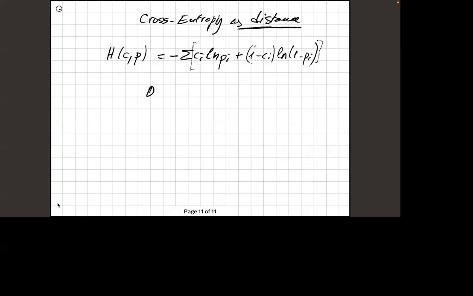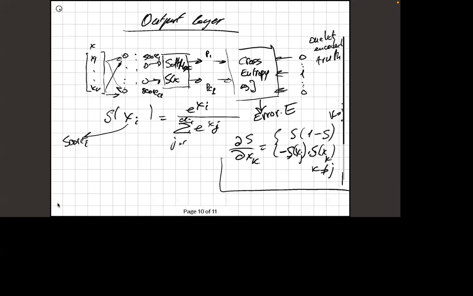The optimization is to minimize H with respect to the weights that are baked into this piece. As you look at this diagram, you want to compute the derivative of this function with respect to weights which are hidden here somewhere.